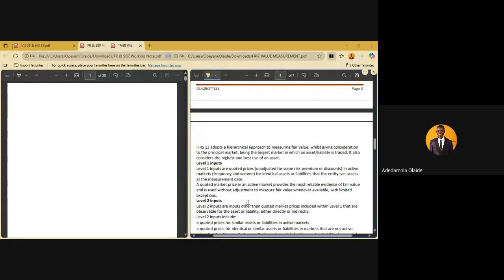So what are these inputs we are talking about? We have level 1 input, level 2 input, and level 3 inputs. Level 1 inputs are quoted prices, unadjusted for risk premium or discount, in active markets for identical assets or liabilities that an entity can access at the measurement date. So what do we mean by that?